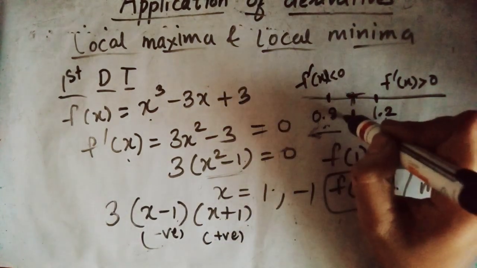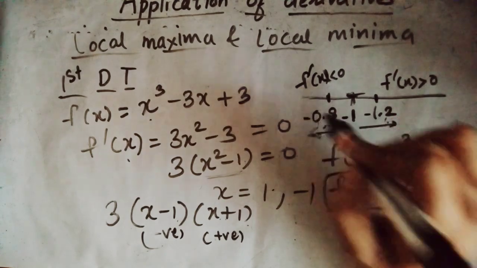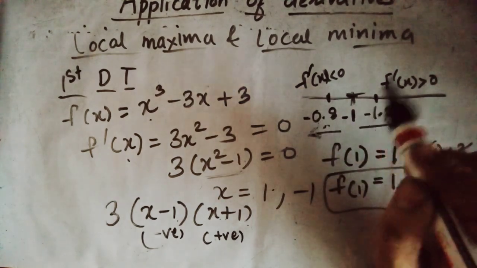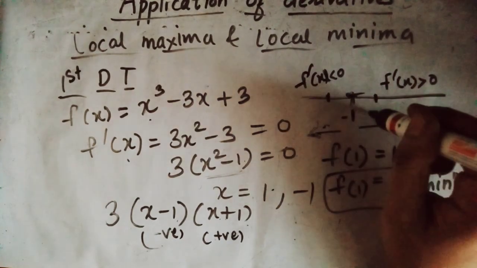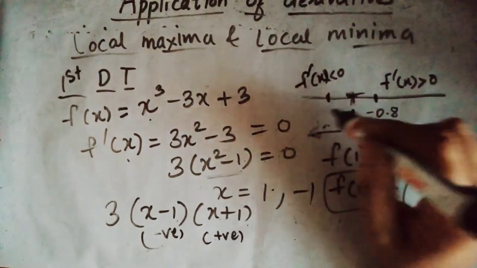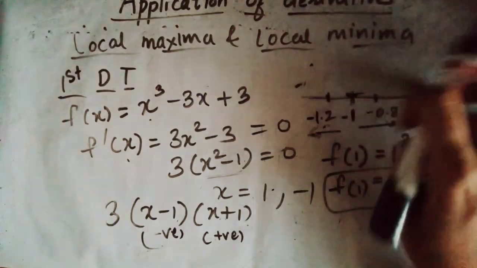So if you take minus 1 here, take minus 1.2 and minus 0.8, then you have to check.